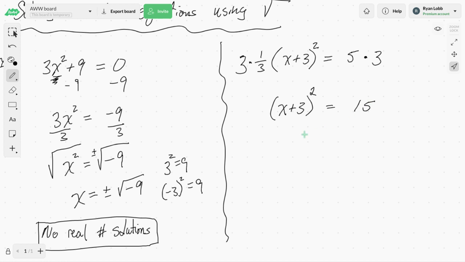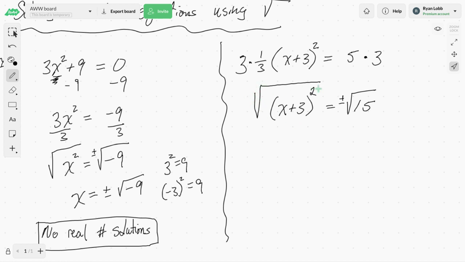Now I've got to get rid of this exponent 2. In order to do that, I use square roots. If I take the square root of something squared, I'm going to get that something. So over here, plus minus, don't forget the plus minus, square root of 15. Here we have x plus 3 quantity squared, and I take the square root of it.